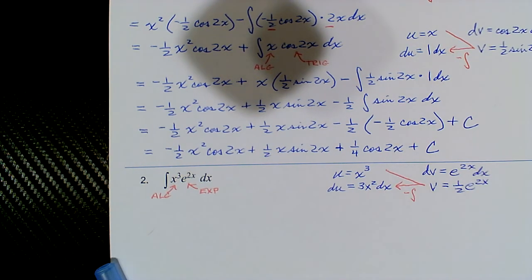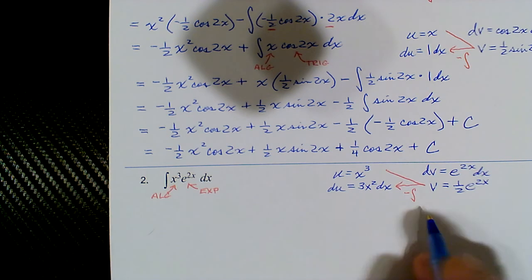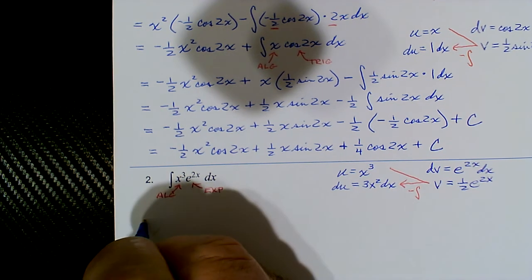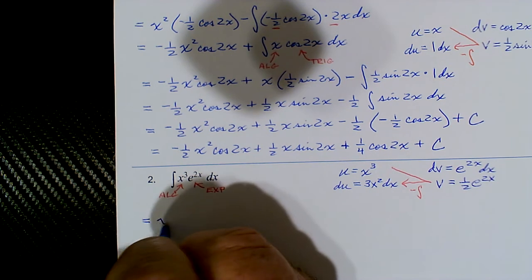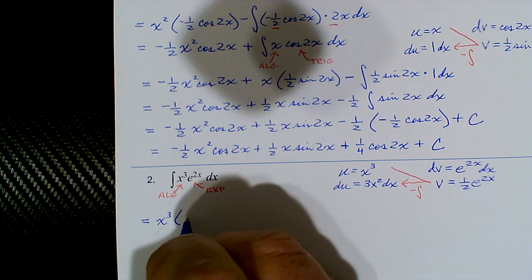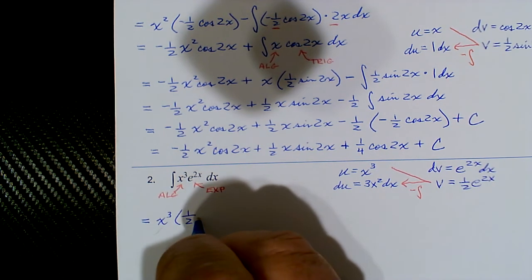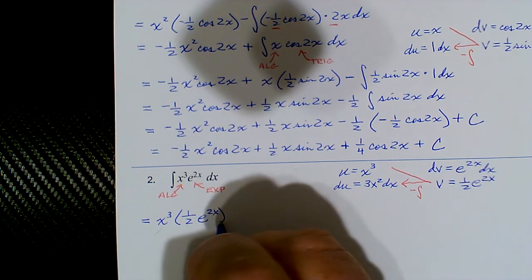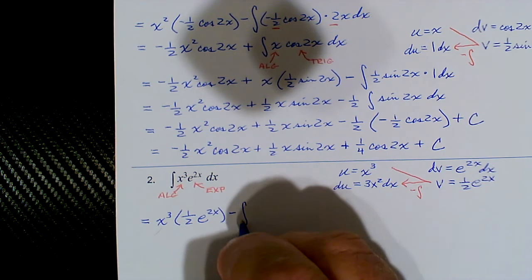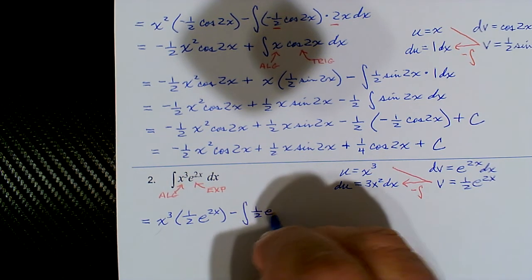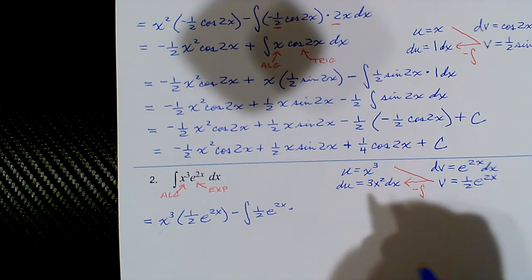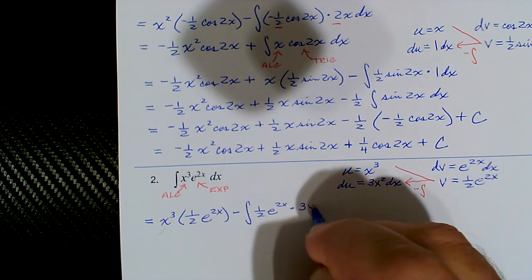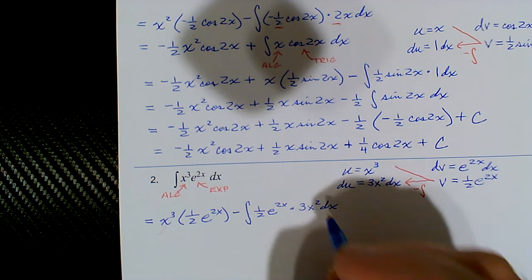U times v, the product of the diagonal, minus the integral of v du. And that gives us u, which is x cubed, times v, 1/2 e to the 2x, and then minus the integral of v, 1/2 e to the 2x, times our du, which was 3x squared dx.